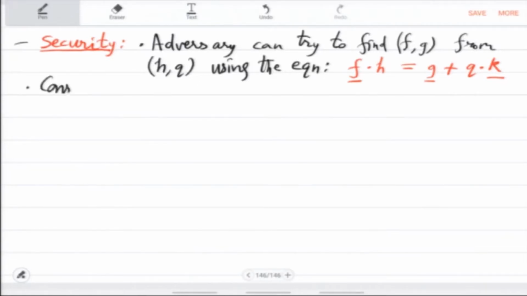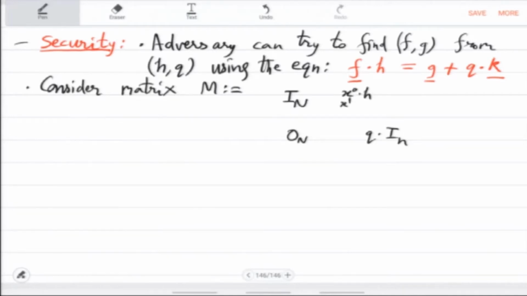So consider the matrix M, which will be a 2n cross 2n matrix. In block form it will look like this: In, and here 0, q times In, and here essentially the other thing which is known to the adversary, h, in particular x0 times h, x1 times h, dot dot dot, x to the n minus 1 times h.